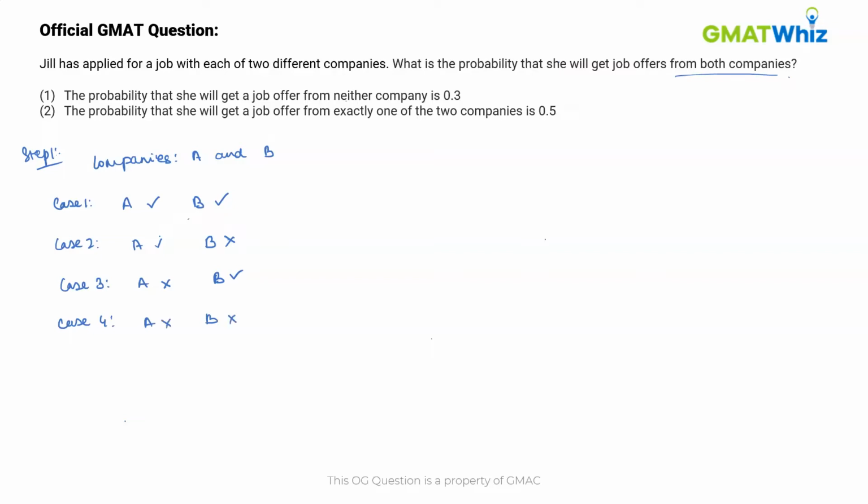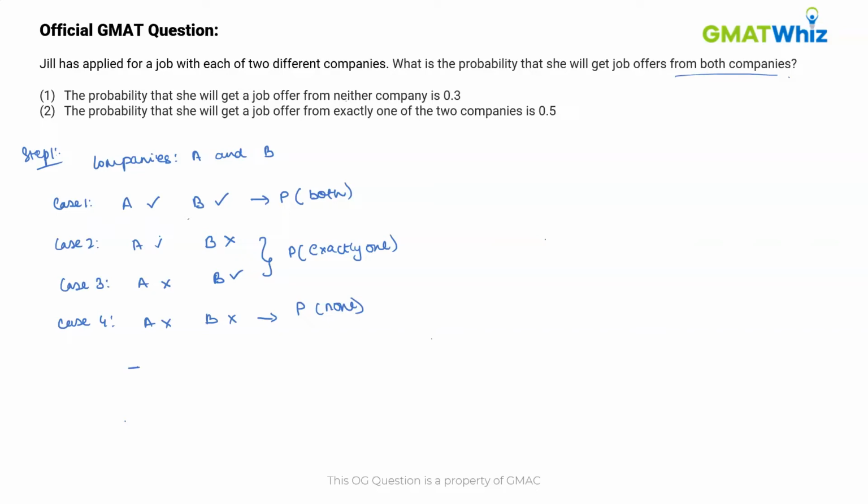Now, the first case can be written as the probability of getting a job offer from both the companies. Case 2 and case 3 can be summed up as the probability of getting a job offer from exactly one company. And the last case can be written as the probability of getting a job offer from none of the companies.